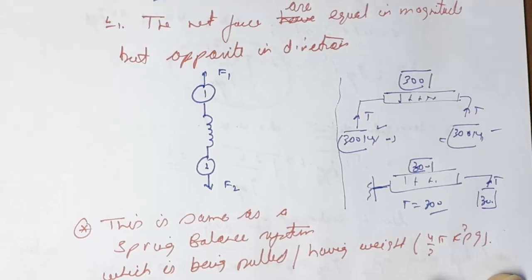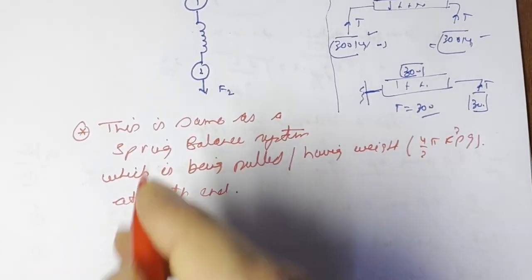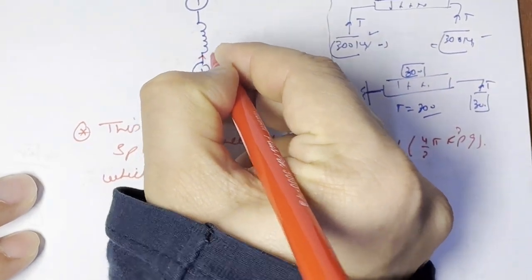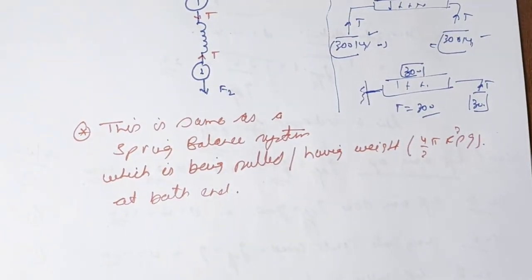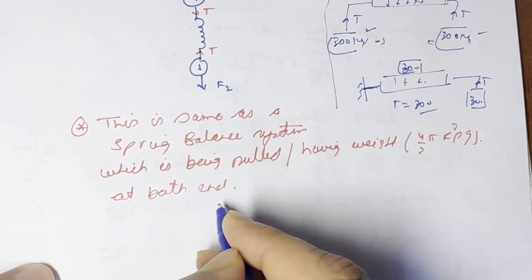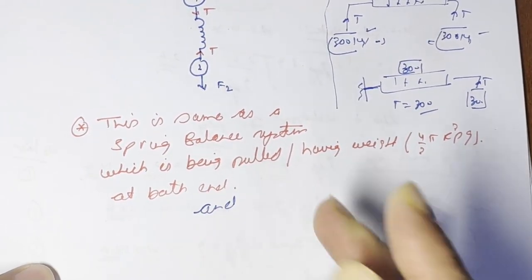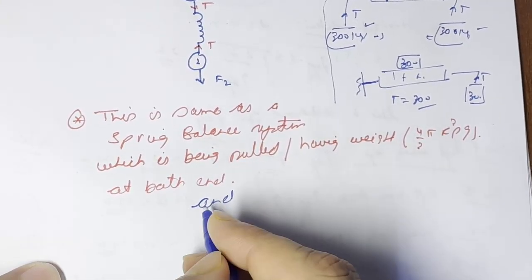Okay. So if we say T is the tension in the spring, at both ends, the spring balance only reads the tension.